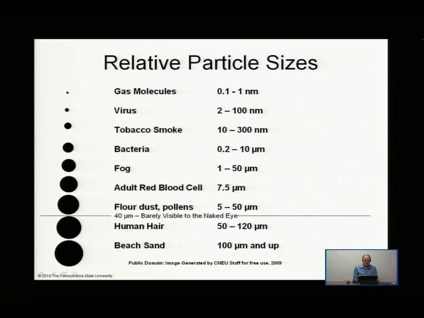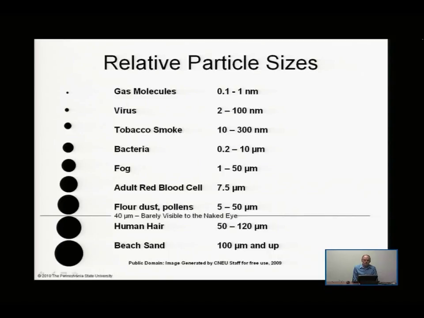And then, another particle that we commonly encounter, dust particles, pollens, these are 5 to 50 microns. Human hair is 50 to 120 microns in size. These are diameters. And then beach sand, just to complete our picture of the particles we see all around us, or have all around us.